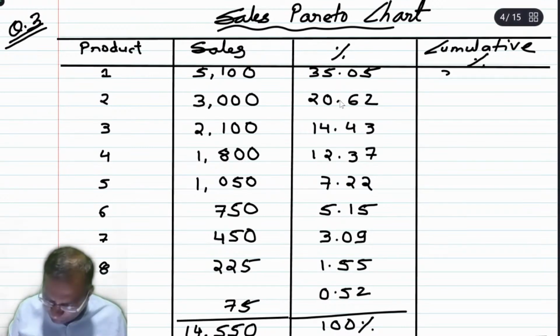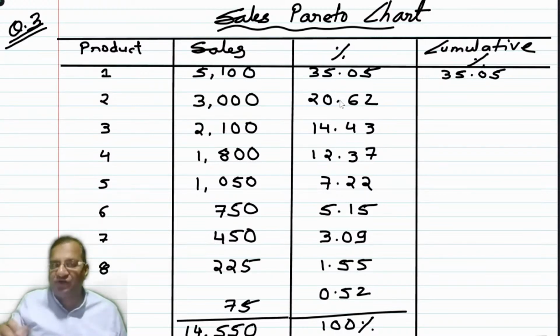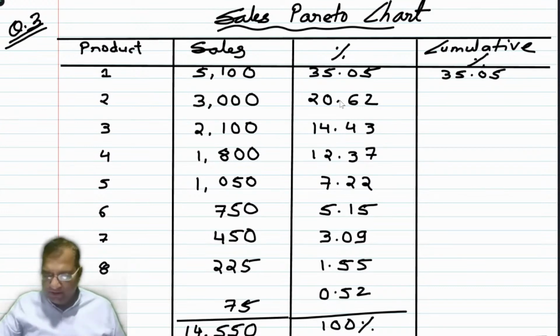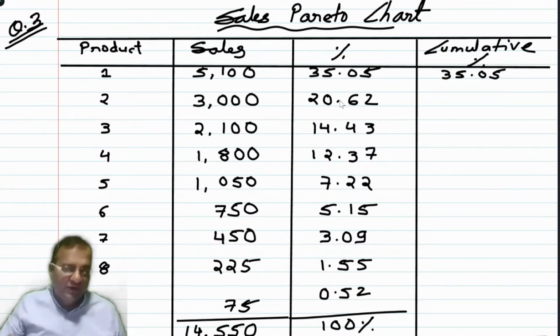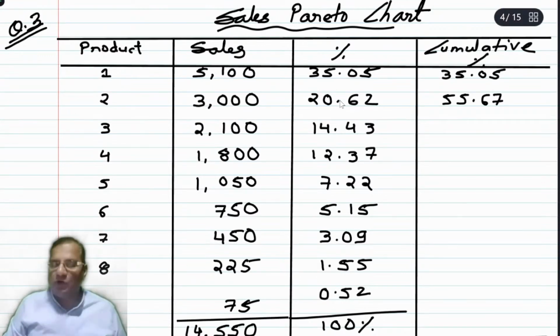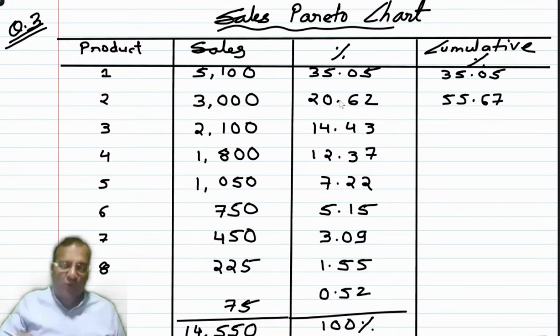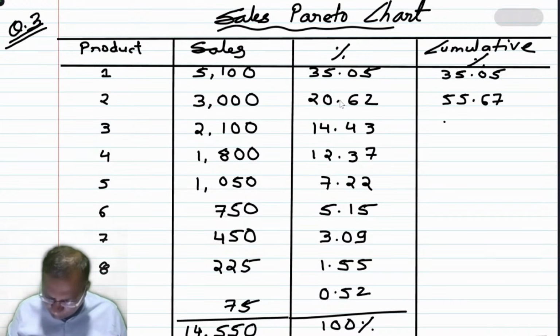So 35.05, then 35.05 plus 20.62. Correct, beta? What is 55.67? Okay. Then 55.67 plus 14.43, 70.10.